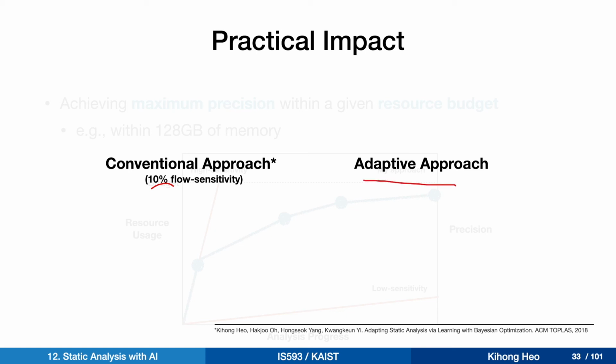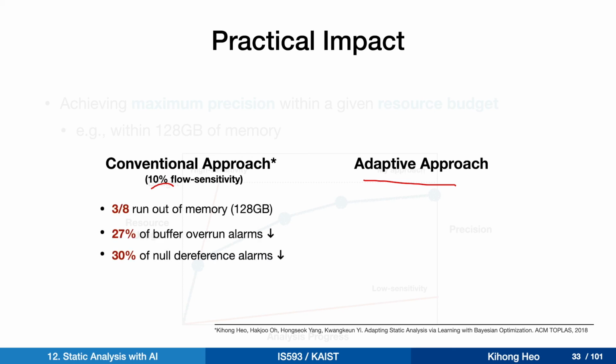This is adaptive. According to the experimental result, the conventional approach was not able to analyze larger programs properly. As you can see, it could not analyze some large programs because it runs out of memory. And it could reduce false alarms by 27 and 30% compared to the flow insensitive analysis.